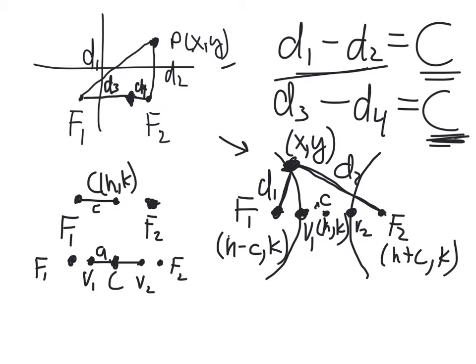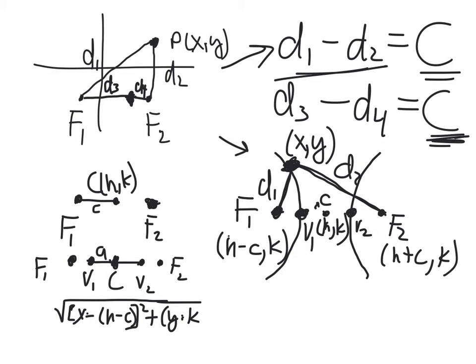So again, our basic equation, when we plug in these points, our distance 1, square root of x minus the quantity h minus c squared plus y minus k quantity squared. That's a minus.